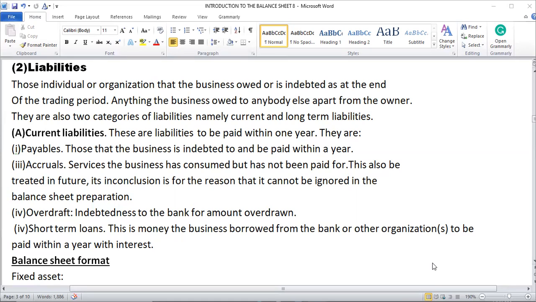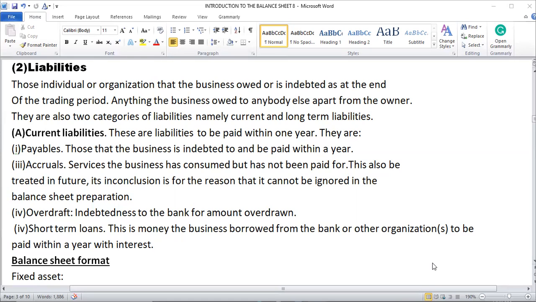The assets are in two parts: the current assets and the fixed assets. The current assets are the assets that they use to run the business within a year. An example is cash. Then the fixed assets or non-current assets are those that they are going to use to run the business for more than 1 year. An example is a building.